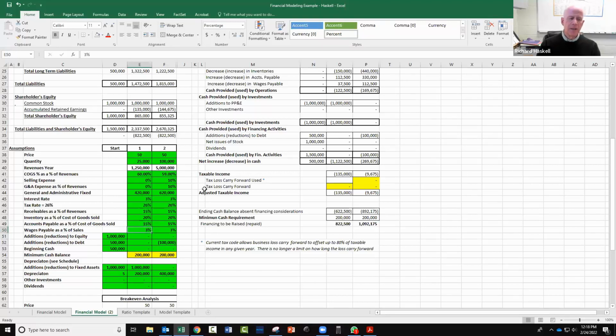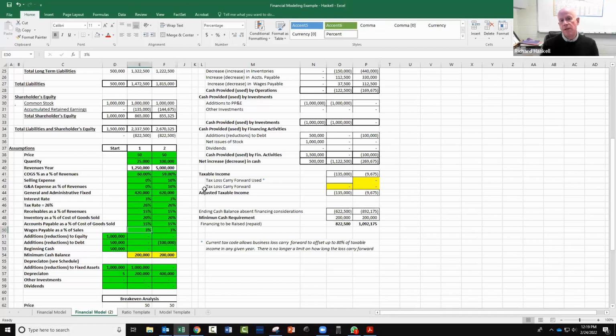I also have a little bit of wages payable here, and I've got them as a percentage of sales as well. And frankly, it is discretionary as to what they are a percentage of. They just need to be something that you're able to pay attention to, track, and calculate from. And in this case, recognizing that it's rare for the end of the pay period to coincide with the last business day of the month, we assumed we had a small amount of our annual revenues that resulted in wages payable.